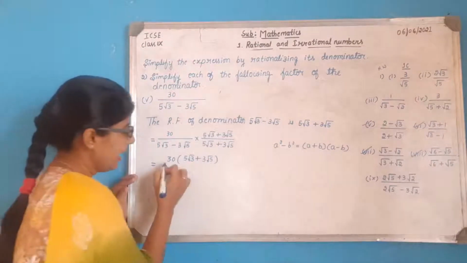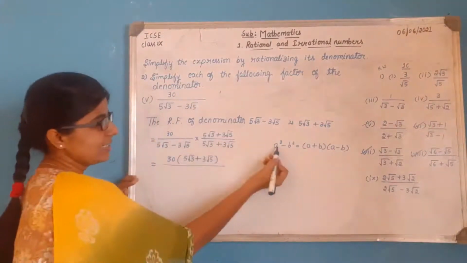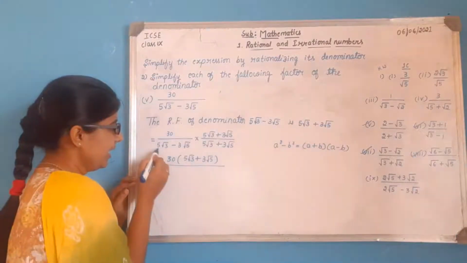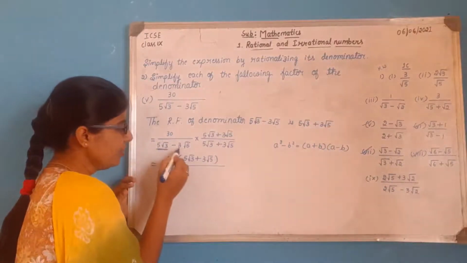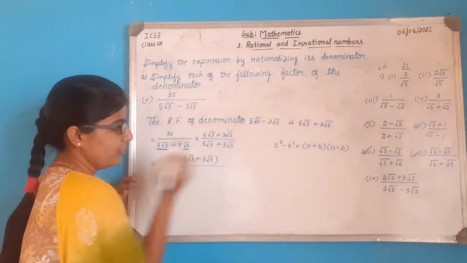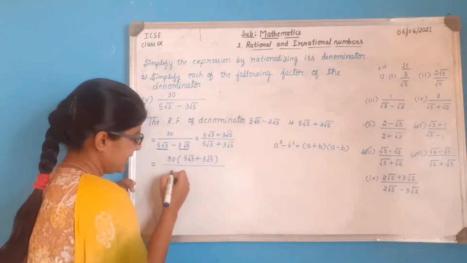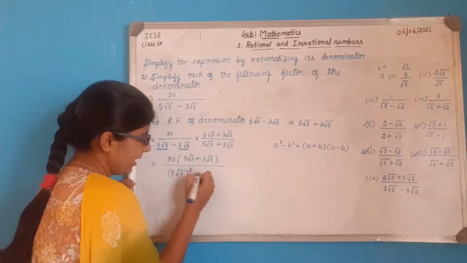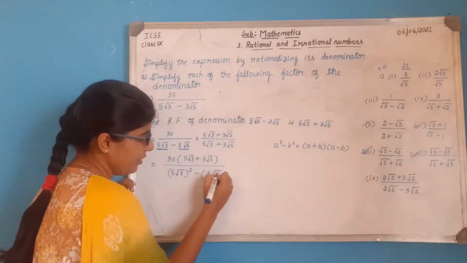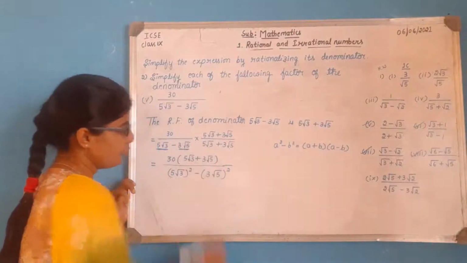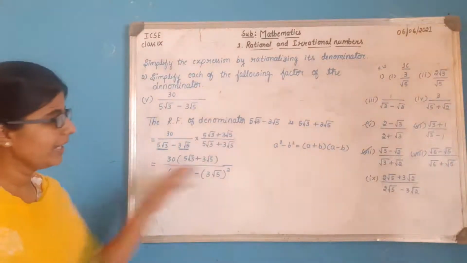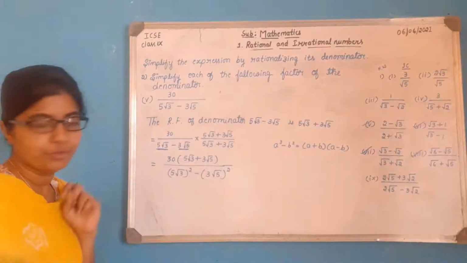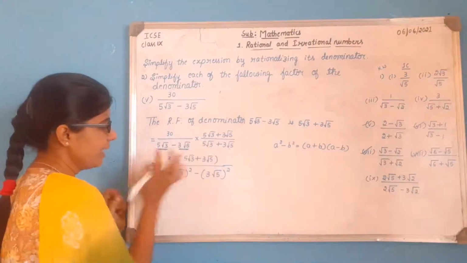And write the denominator. Again it is in the form of a square minus b square, that is a plus b into a minus b. Here 5√3 is the a value, 3√5 is the b value. Right? So apply the formula. A square, that is 5√3 whole square, minus 3√5 whole square. Here a square minus b square: a is 5√3, b is 3√5, that is a plus b into a minus b.